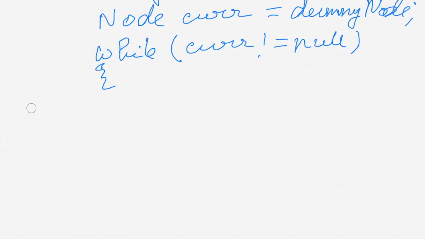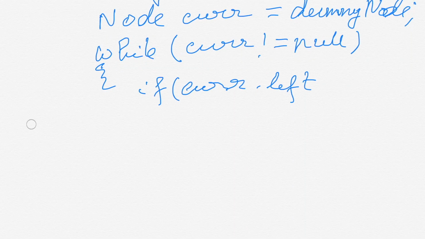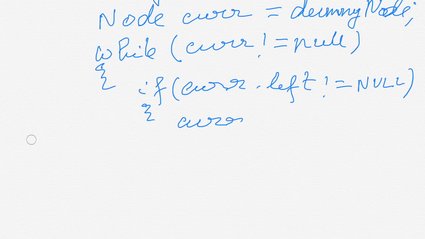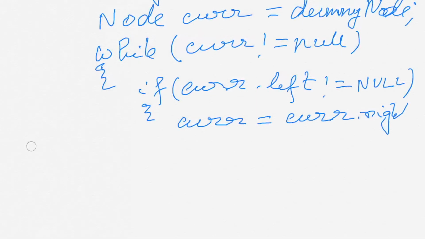So we first check if current has a left subtree, and if it does not have a left subtree, then nothing other than just moving on to its right child.